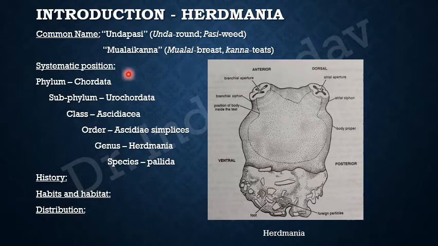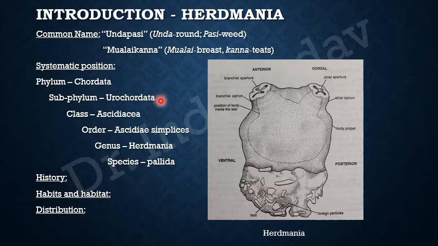The systematic position: if as a zoologist we go and look at the animal, then we have to know the systematic position and all its detailed features according to biology or zoology. So first and foremost, let's do the systematic position. The animal comes in phylum Chordata, and its subphylum is Urochordata, also known as Tunicata, having a tunic.